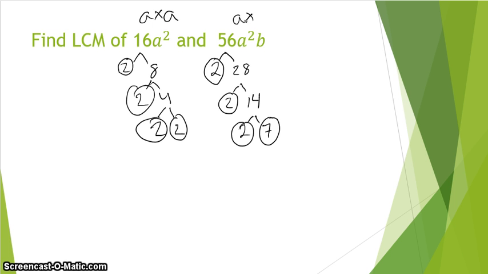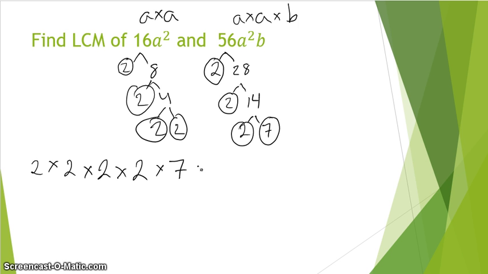And a squared is a times b, because there's a b there. So I have 4 2's over here and 3 2's over here, so I'm going to use 2 four times. And then I have a 7 here, no 7's here, so I'm going to use 7 once. I have 2 a's here and 2 a's here, which is even, so I'm going to use it twice. And then I have 1 b here, no b's here, so I'm going to use b once.